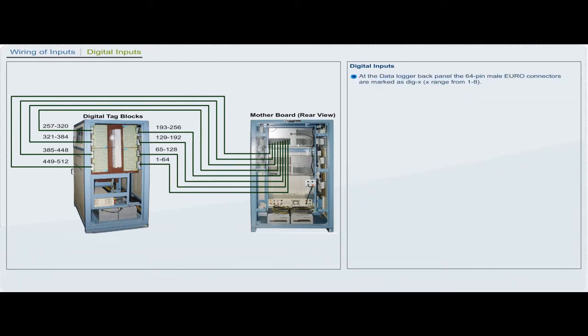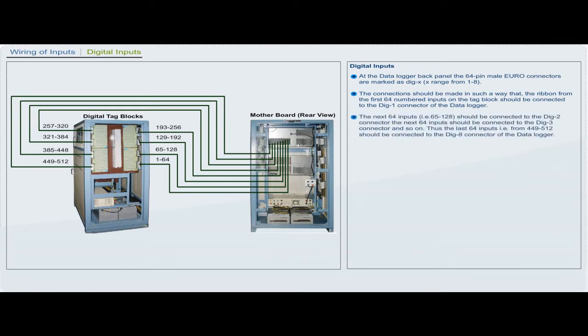At the data logger's back panel, the 64-pin male Euro connectors are marked as DIGX, X ranging from 1 to 8. The connections should be made in such a way that the ribbon from the first 64 numbered inputs on the tag block is connected to the DIG1 connector of the data logger.